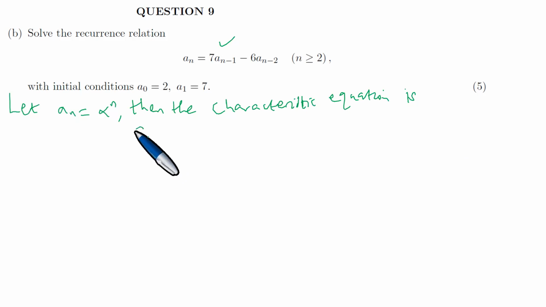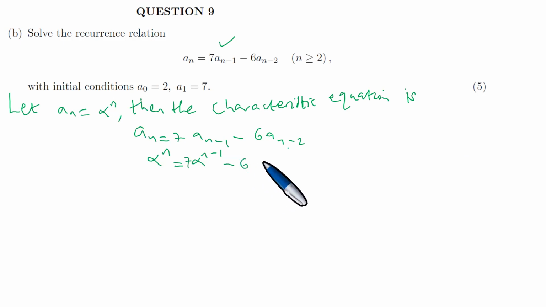If we have a_n equals 7 a_(n-1) minus 6 a_(n-2), we will have alpha to the n equals 7 alpha to the n minus 1, because if a_n is this, then a_(n-1) is just alpha to the n minus 1. And then 6 a_(n-2) is going to be 6 alpha to the n minus 2.